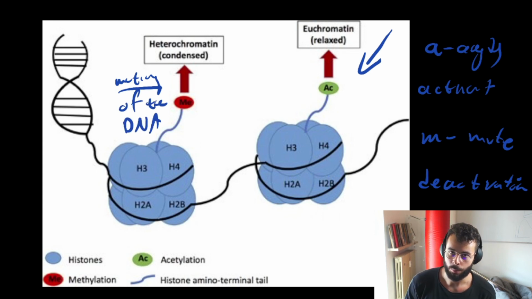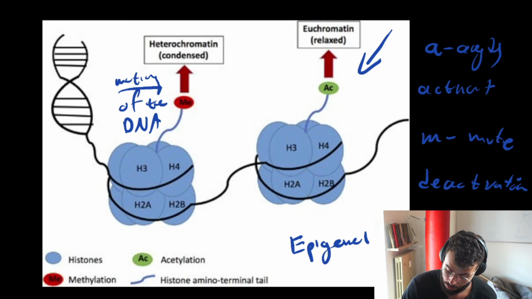Now, because this process doesn't directly change the sequence of DNA and only causes the activation or deactivation of the DNA segments, and therefore you have different proteins, we call this process epigenetics.